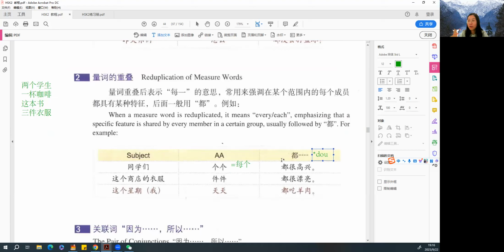They are always combined together because here we are going to say each one is the same with this action or with this feeling. So when we say 个个都很高兴, it means they are all very happy.